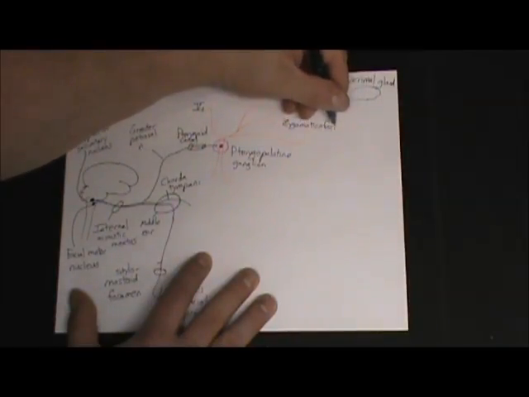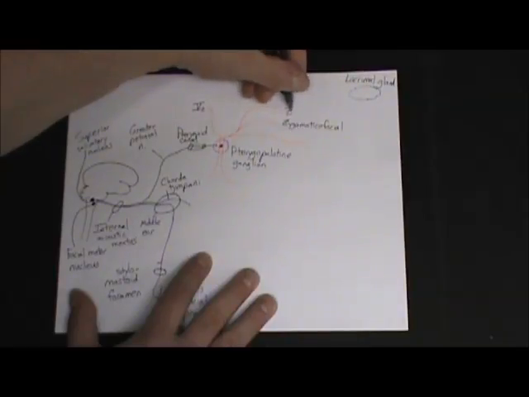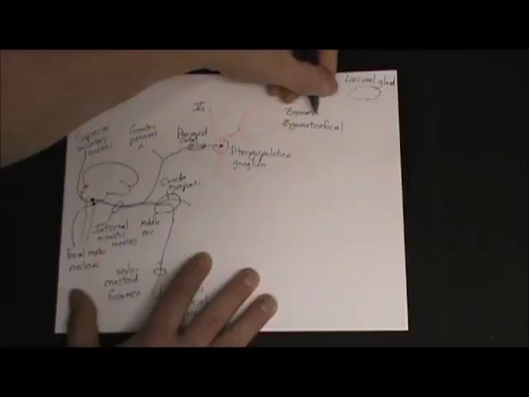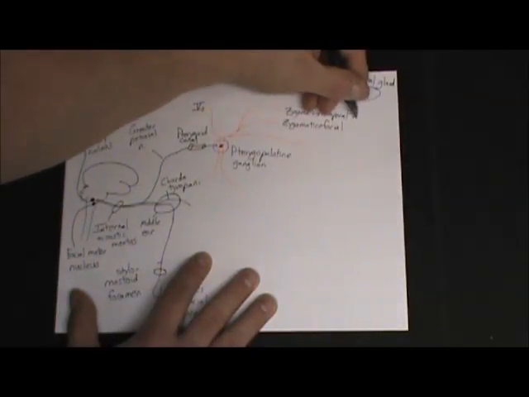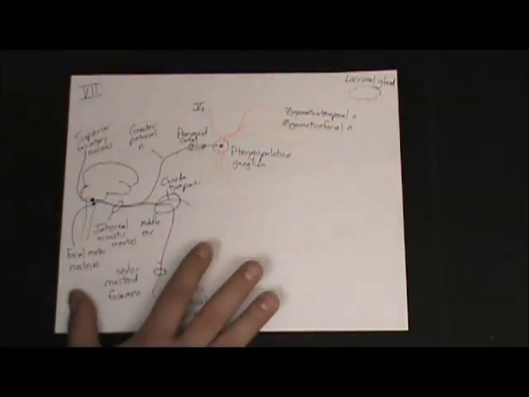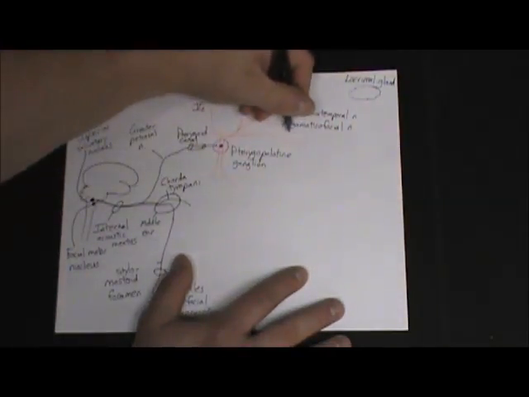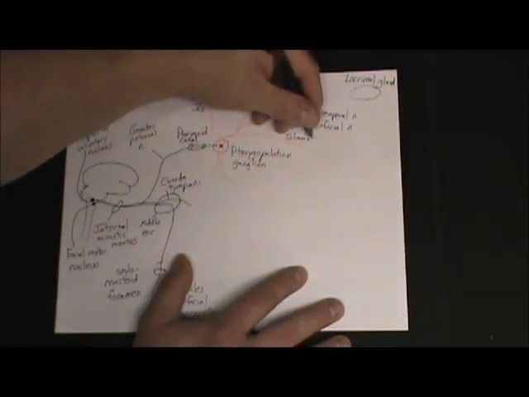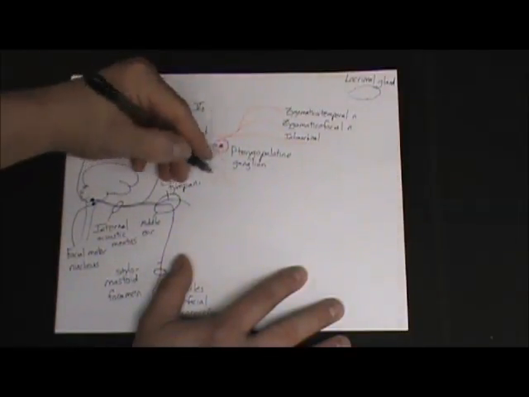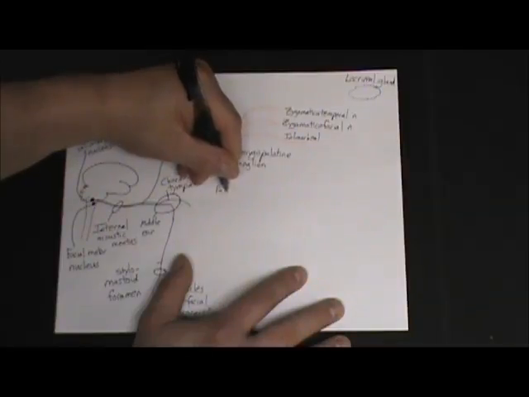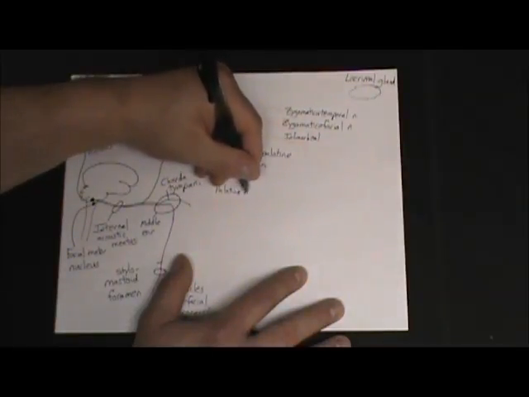zygomatico-facial and zygomatico-temporal. Sorry for all the detail, but just in case any of you need it, we'll put that in there. And then again, the infraorbital nerve right here, and the greater and lesser palatine nerves.